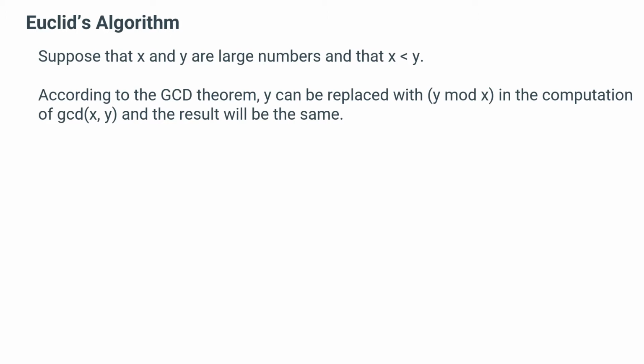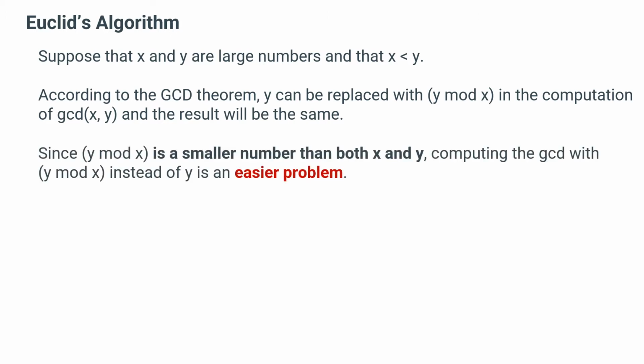Well, why would we want that? Well, y mod x is going to be smaller than y, and that's the idea: we want to come up with smaller numbers to work with. So since y mod x is a smaller number than both x and y, computing the GCD with y mod x instead of y is an easier problem.